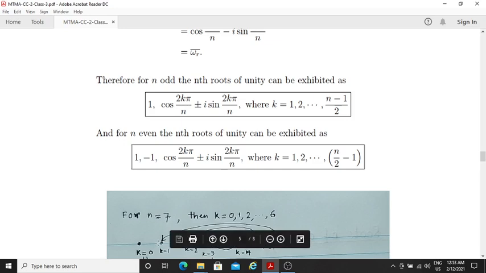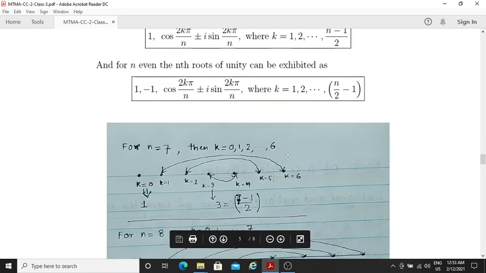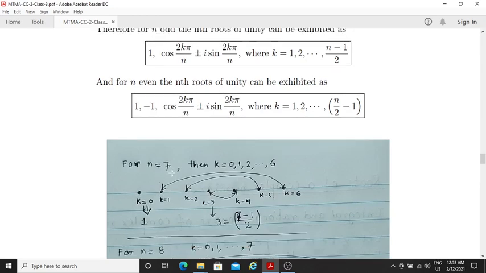This one is the conjugate of this one. So the values corresponding to k equals 1 and k equals 2 here are merely the conjugates of each other. So these two can be written as plus minus. So for k equals 1, it will be 2k pi by n, and 2 pi by n.